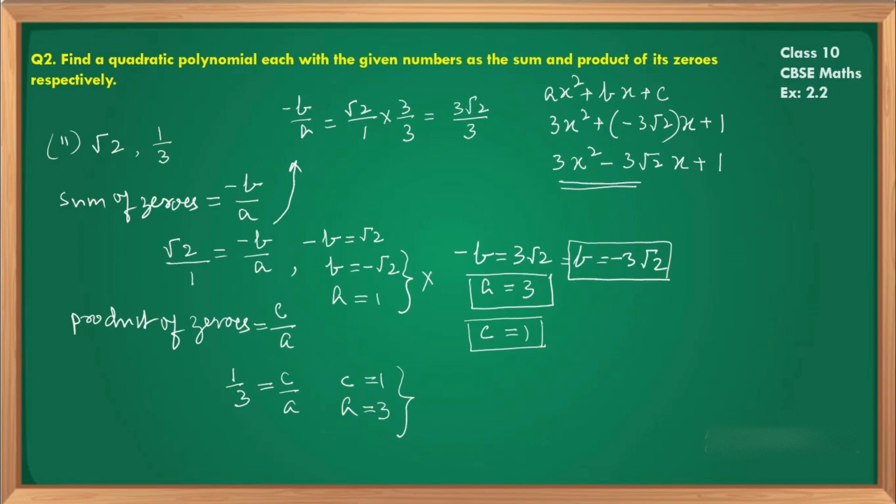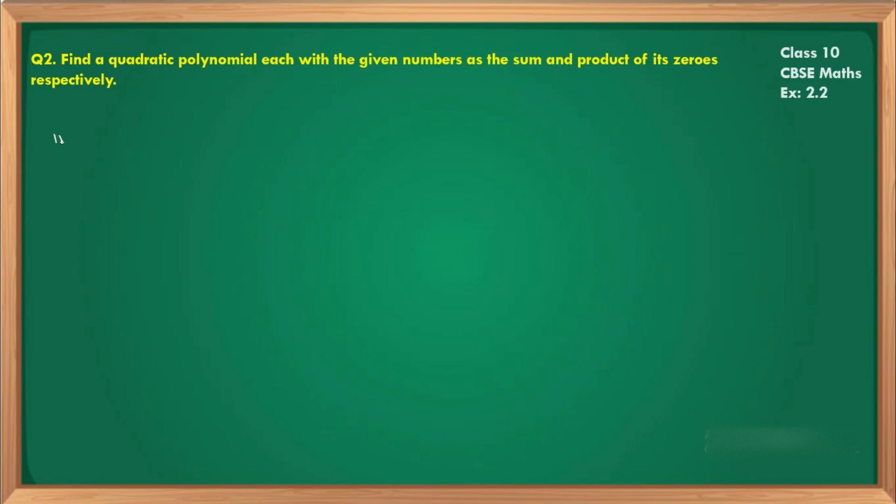So we move on to the third question. The third question is 0 and root 5. Here we know the sum of zeros is equal to minus b by a, which is 0 equals minus b by a.